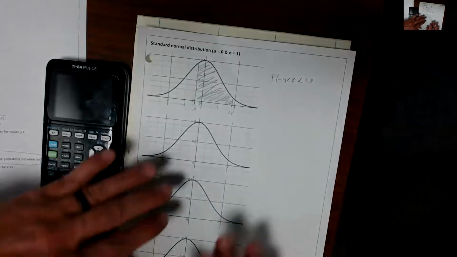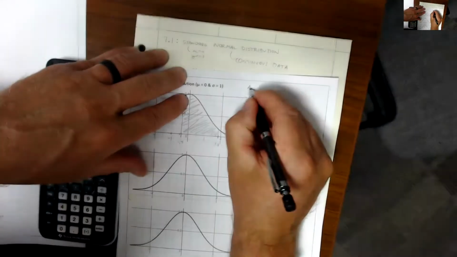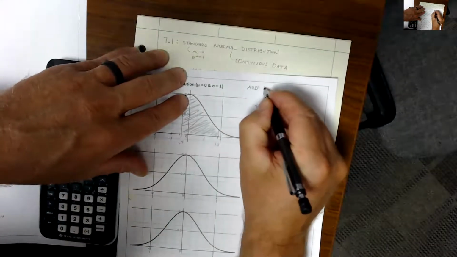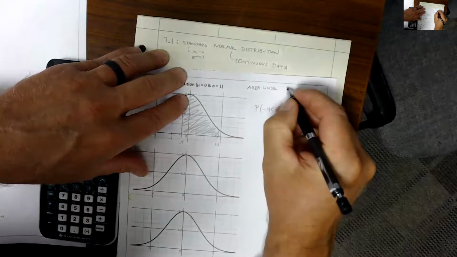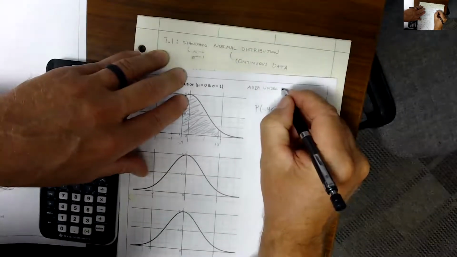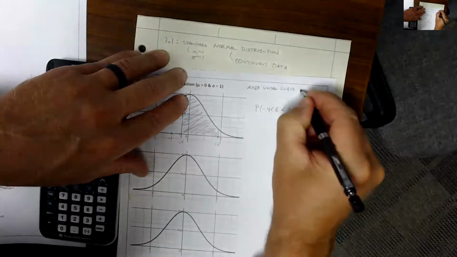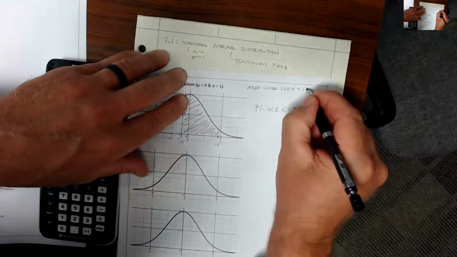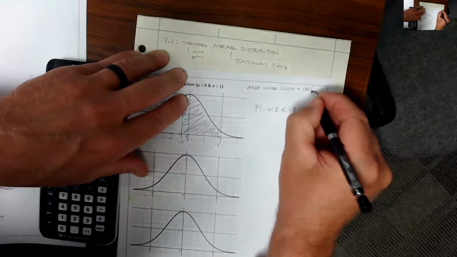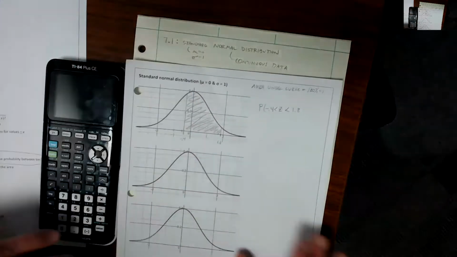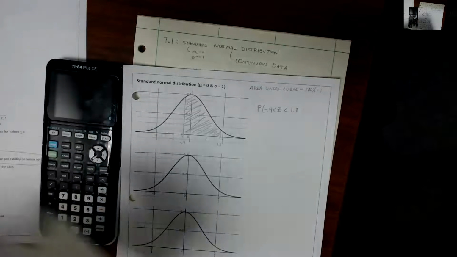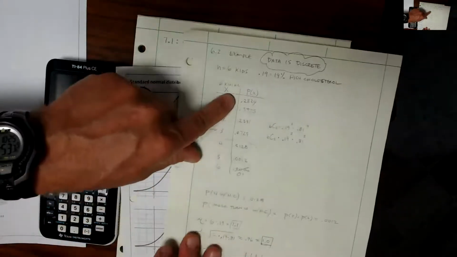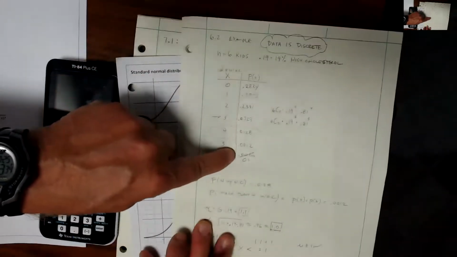Again, it's important to understand that the area under the curve is always equal to 100% or 1. Is that new? No. Wasn't all of these areas added up always 1?